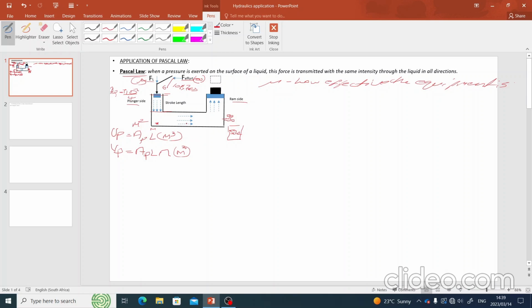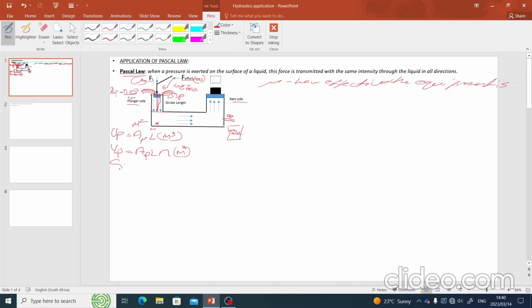Now, the fact that you are doing the pumping on the plunger side, when the plunger is going in and out, you'd realize that there would be a certain fluid that escapes the system, and that fluid is called the slip.